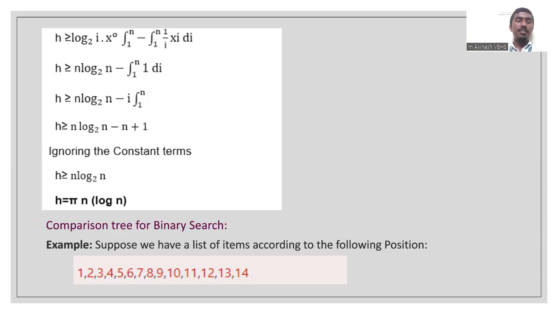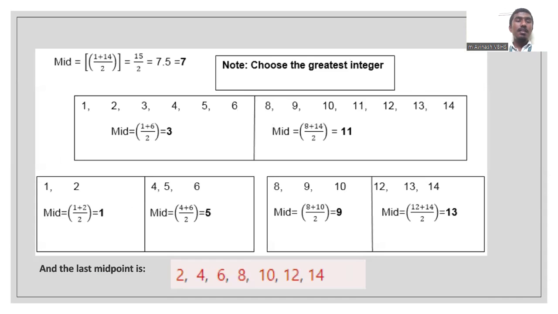Comparison tree for binary search. Example: suppose we have a list of items at the following positions: 1, 2, 3, 4, 5, 6, 7, 8, 9, 10, 11, 12, 13, 14. The mid value is (1 plus 14) by 2, that implies 15 by 2 is equal to 7.5.